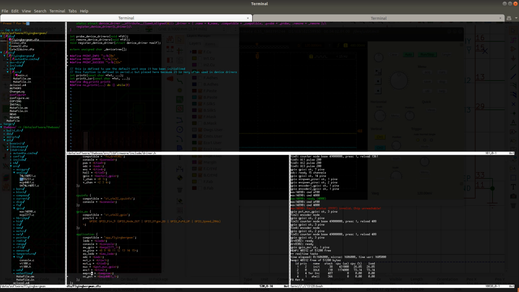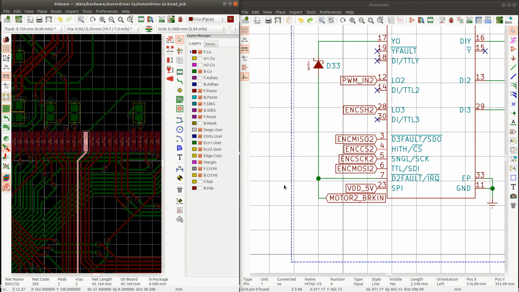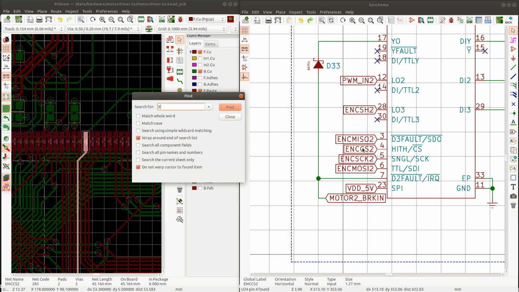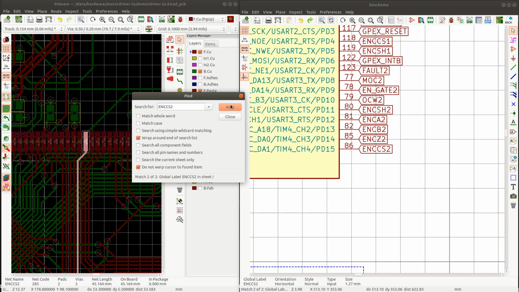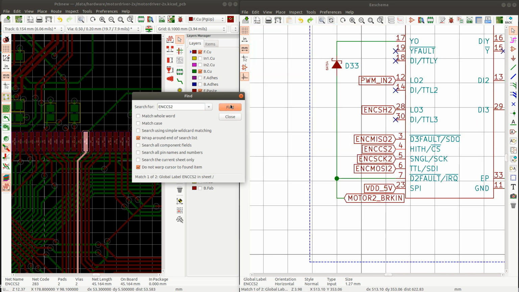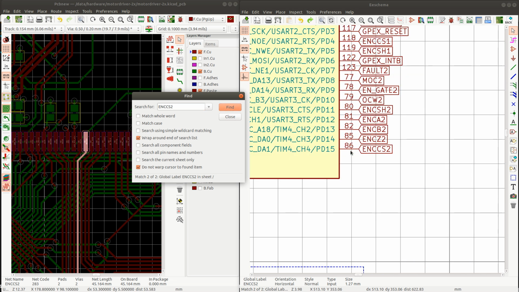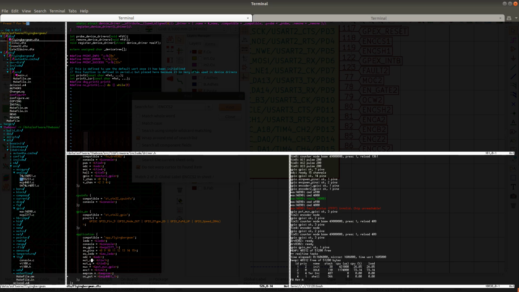I'm going to check my device tree, and this would be pin number... let's see. CS2. PD15. So let's see if PD15 is configured. Probably not.